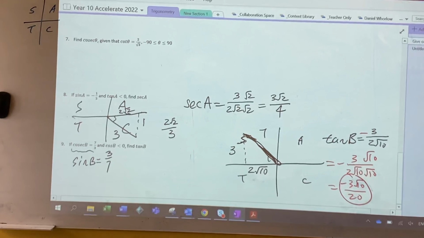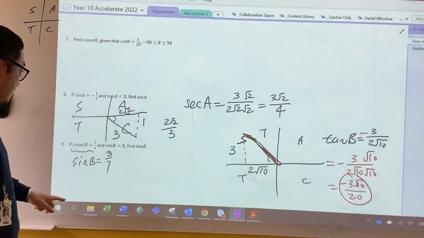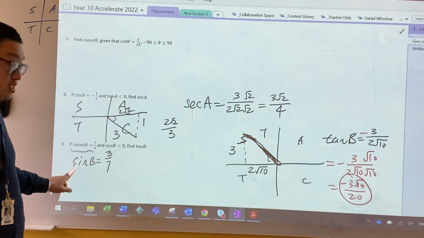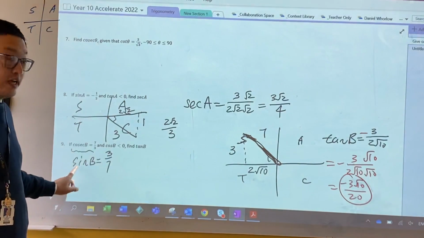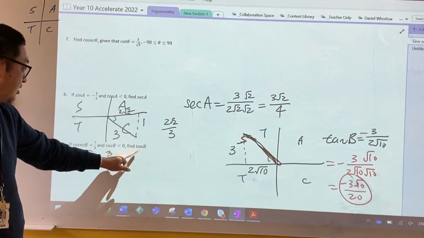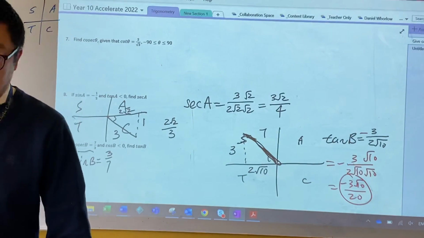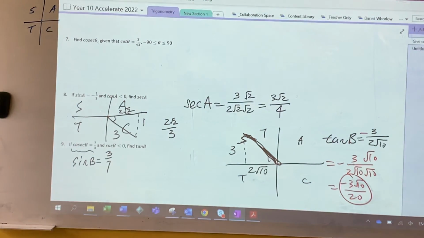Then I always encourage you guys to have a quick check. Have I met all the conditions? Sine is positive. Cos is negative. Correct. Tan in the second quadrant is negative. Correct. Make sense?